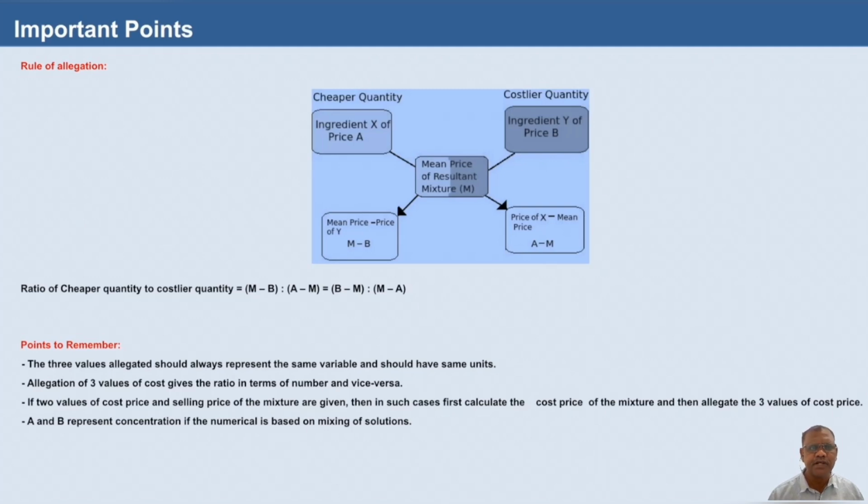If two values of cost price and selling price of the mixture are given, then in such cases, first calculate the cost price of the mixture and then allocate the three values of cost price. A and B represent concentration if the numerical is based on mixing of solutions.